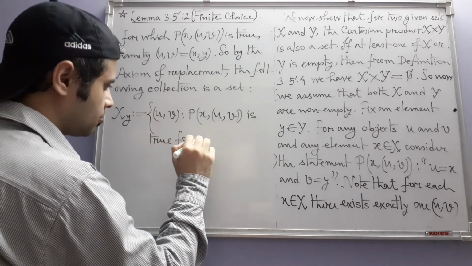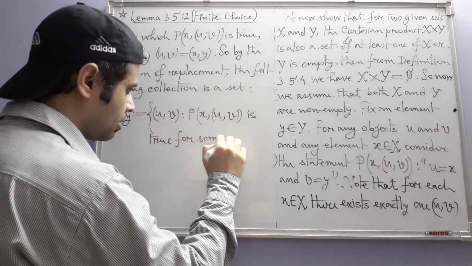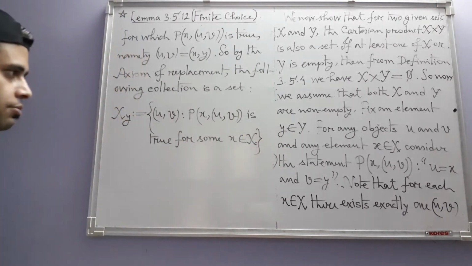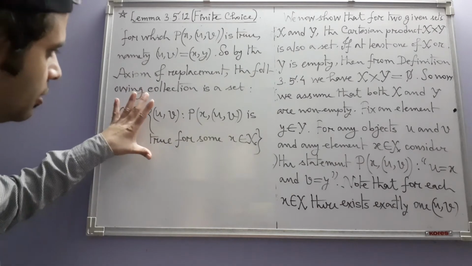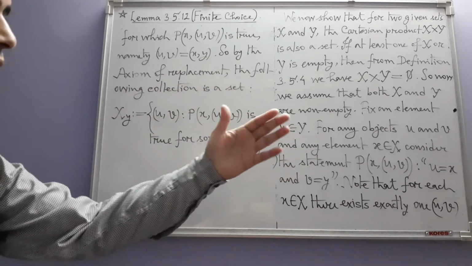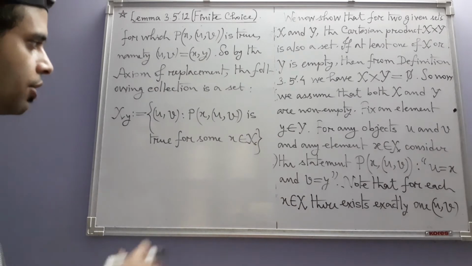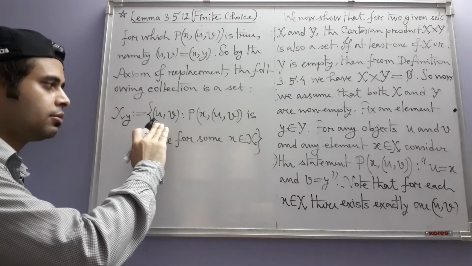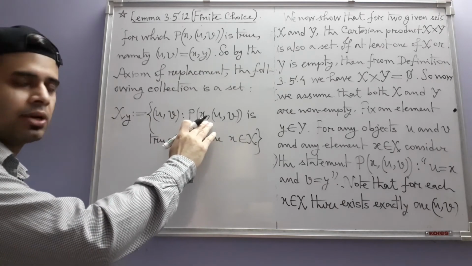for some x belonging to X. So we are directly writing the collection as it appears in the axiom of replacement. For our P, we are considering the objects by which we are replacing x.